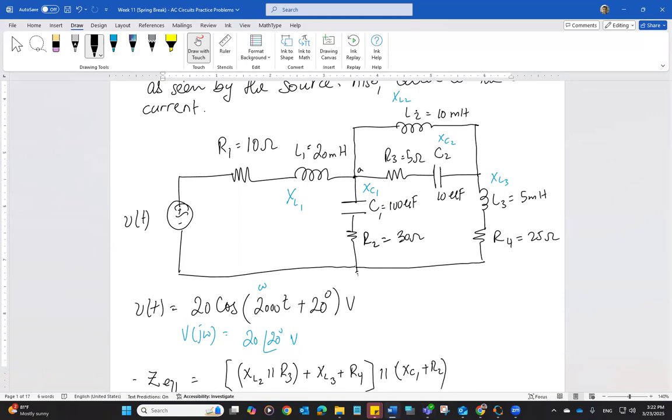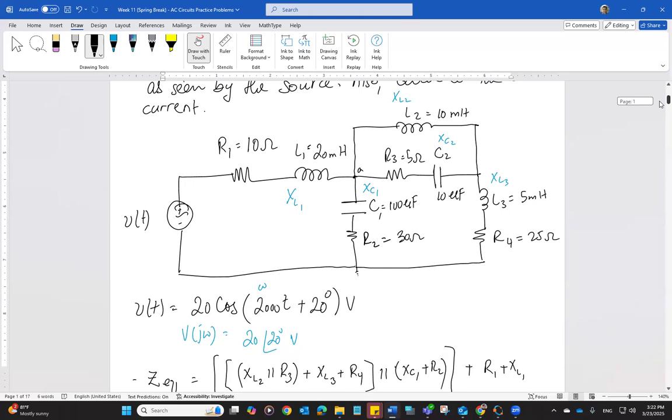So we took care of the equivalent impedance of all these components, and then this is going to be in series with R1 and XL1. So I'm going to put another big parentheses here, and then this will be in series with R1 and XL1. And that's our equivalent impedance.